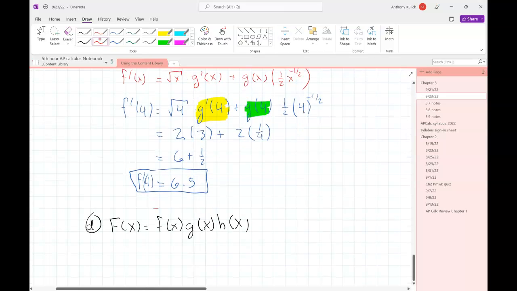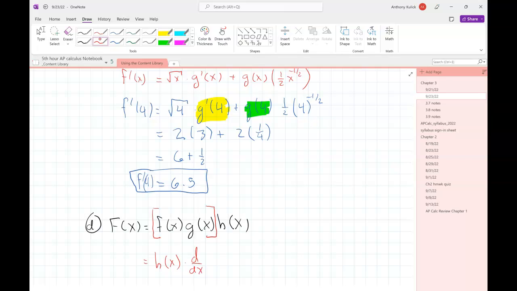So what I'm going to do is treat this as my first product rule, where I'm going to think of the f of x times g of x as one thing, h of x. So I'd have h of x times the derivative of f of x times g of x plus f of x times g of x times the derivative of h of x.